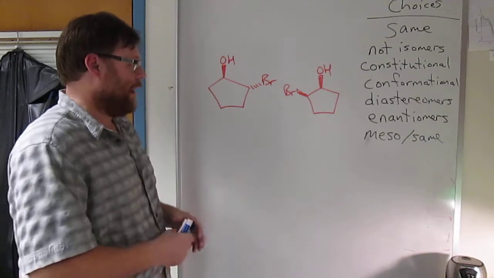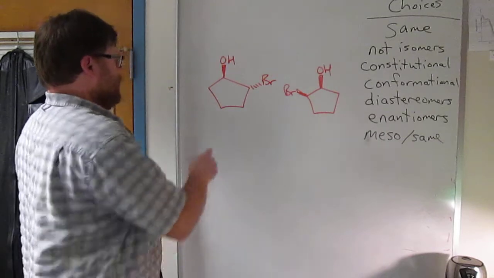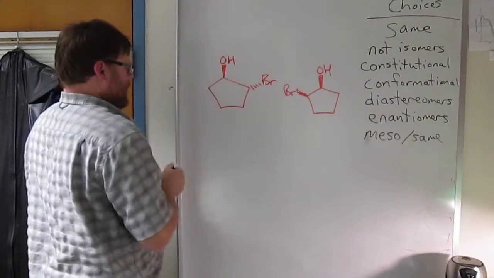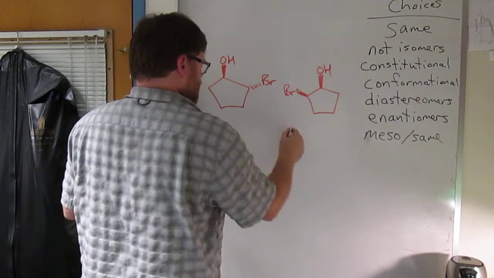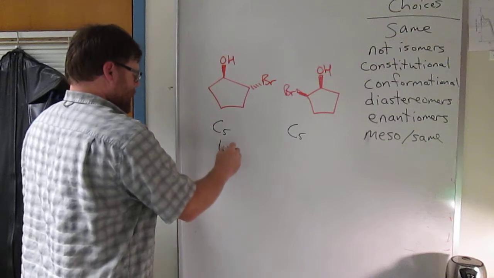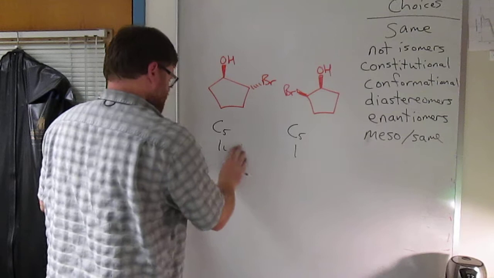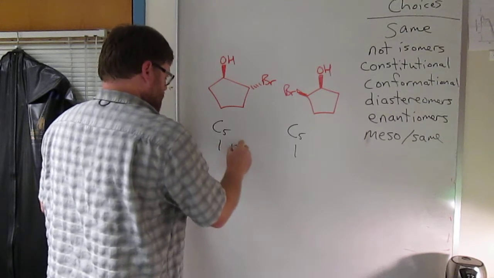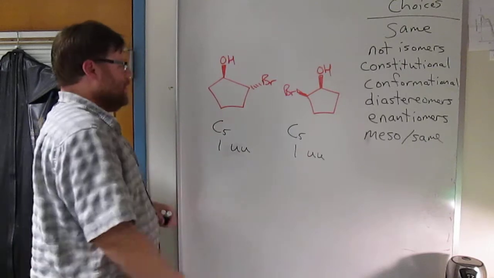Again, first thing you want to ask, are they isomers of any kind? Do the molecular formula. 1, 2, 3, 4, 5 carbons on the left. 1, 2, 3, 4, 5 carbons on the right. 1 unsaturation in both molecules. All right, a ring is an unsaturation.